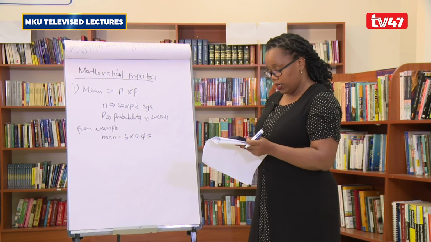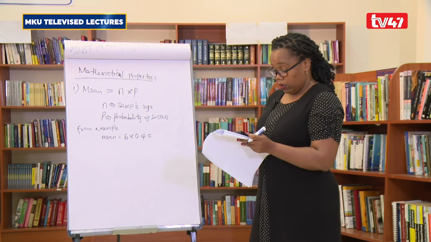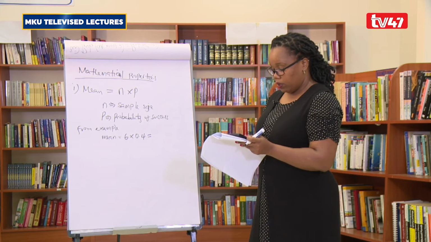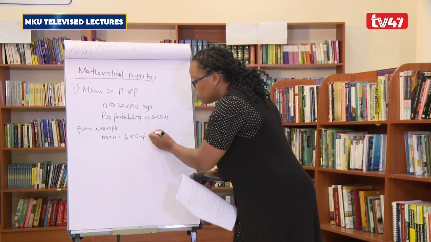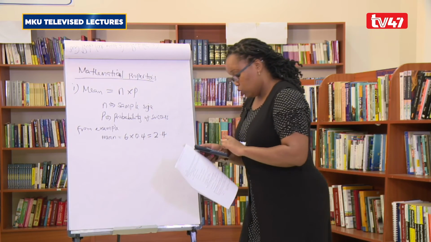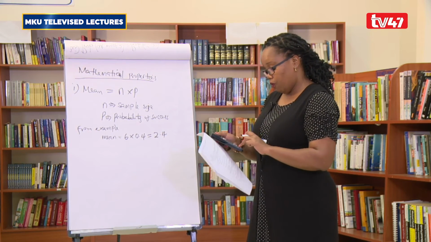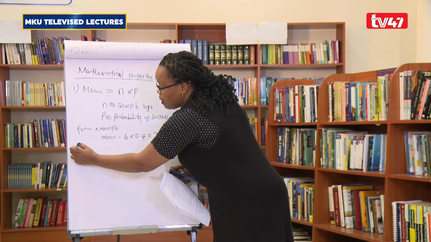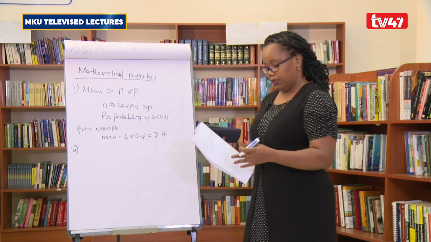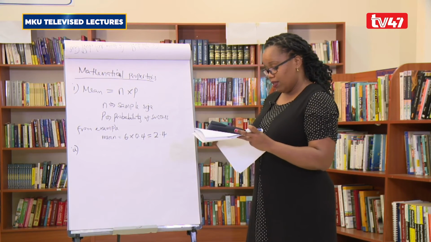When you calculate, we have 6 multiplied by 0.4, which gives us 2.4. So our mean in this case would be 2.4. Okay? We have another mathematical property, which is called the variance.